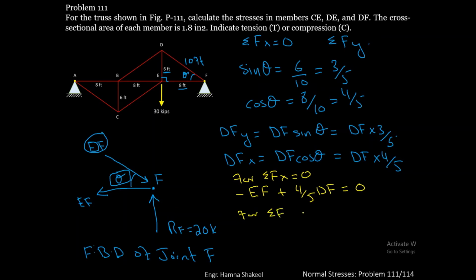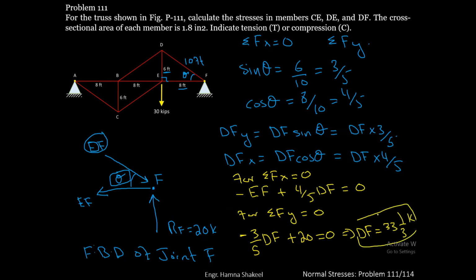And for sigma Fy equals 0, you have minus DFy, which is equal to 3 by 5 DF, plus 20 equals 0. So this equation gives you a value of DF equals 33 whole 1 by 3 kip. Put this value of DF in this equation and you will get a value of EF equals 80 by 3 kip.